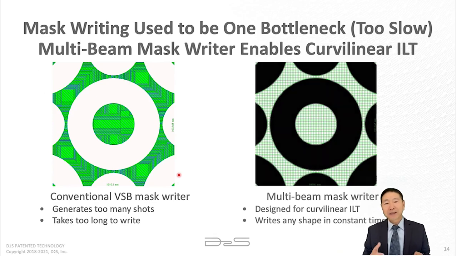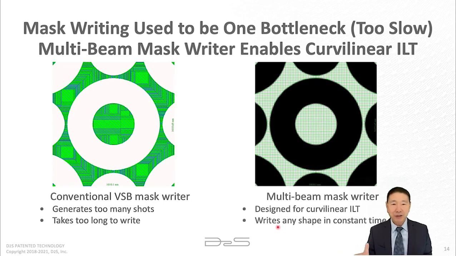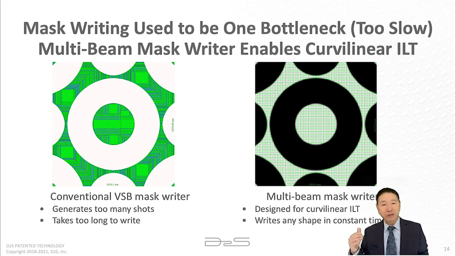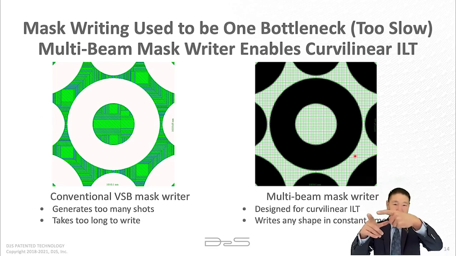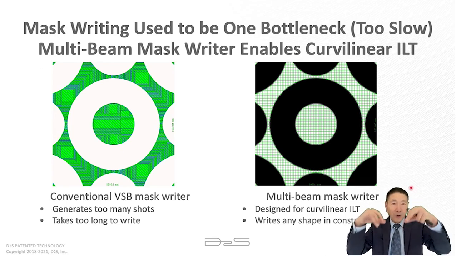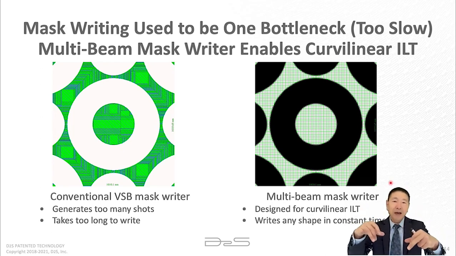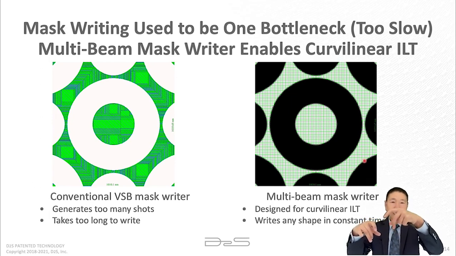Fortunately, the photomask industry recognized that challenge. Both IMS and NuFlare started the development of a multi-beam mask writer. The multi-beam mask writer has a head where you can actually write about 260,000 beams all together at the same time. And you can turn each beam on and off and also change the exposure time.